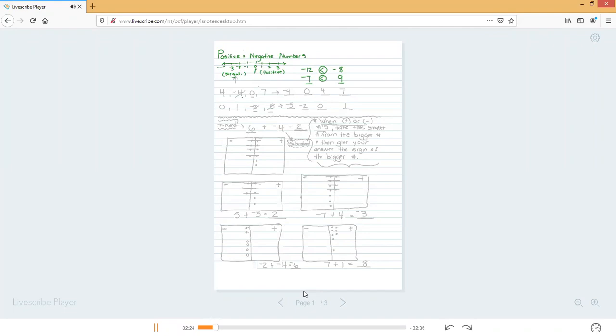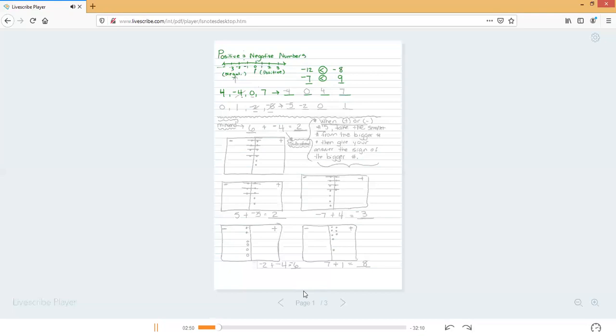So let's put some numbers in order. If I have 4, negative 4, 0, and 7. And I want to put these numbers in the correct order from least to greatest, okay? I want to put them in their right order from least to greatest.